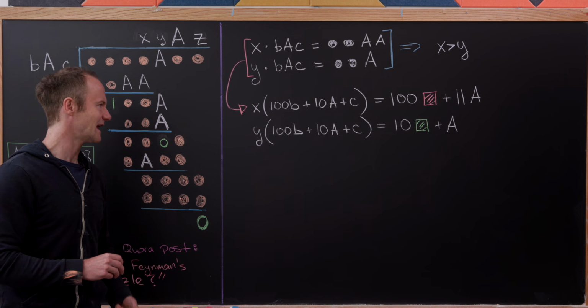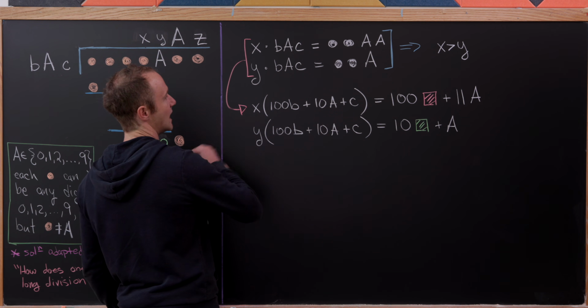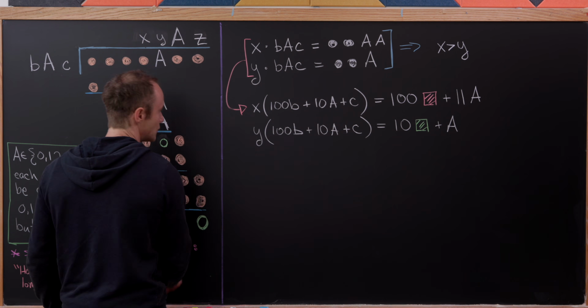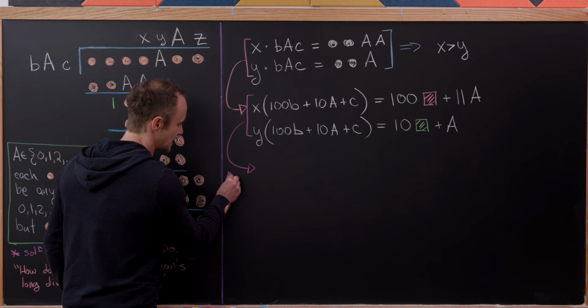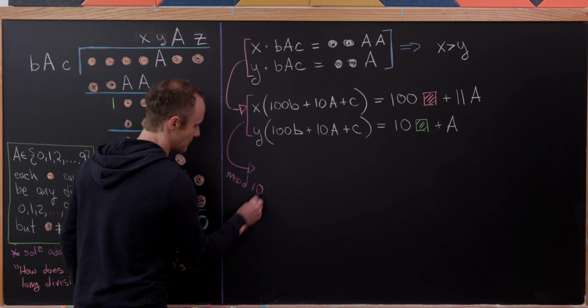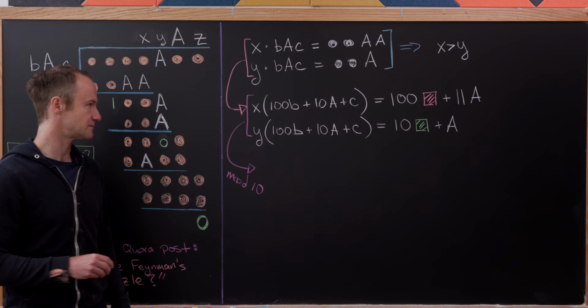And then the right-hand side is similarly simple to reduce mod 10. Okay, so let's make that reduction. So let's say this magenta means that we're reducing this thing modulo 10. We're dividing by 10 and keeping the remainder.